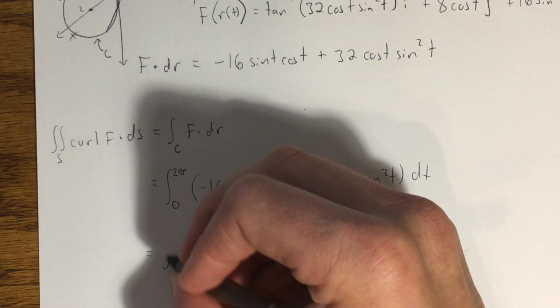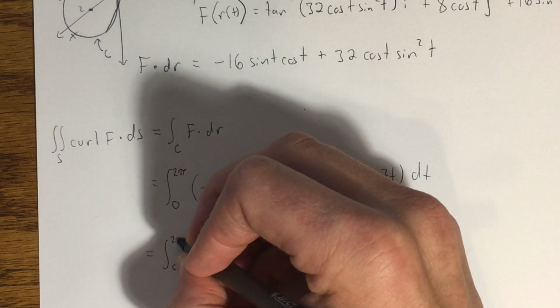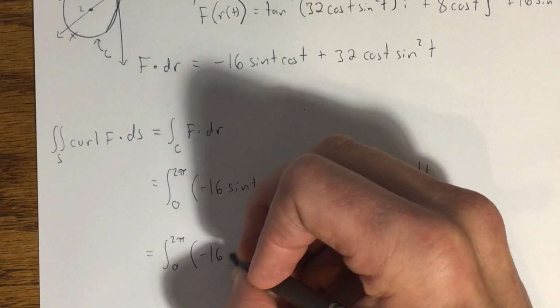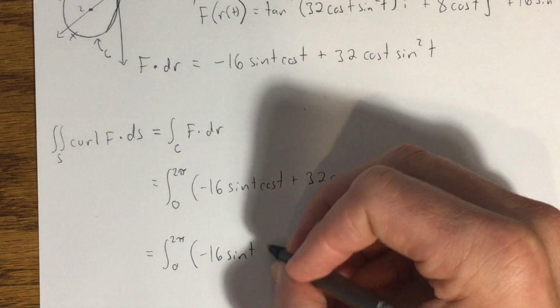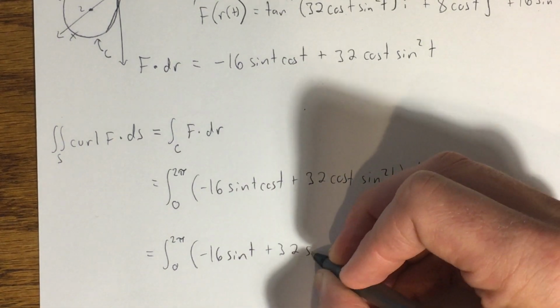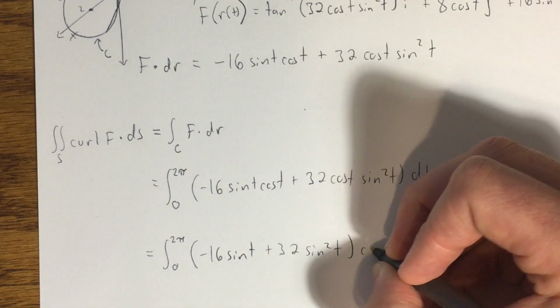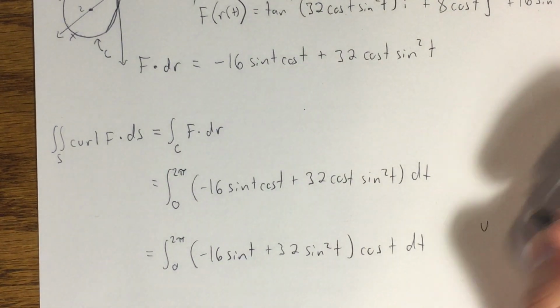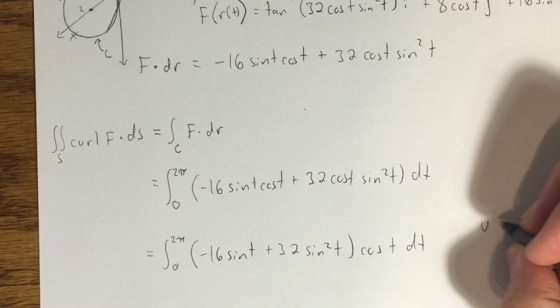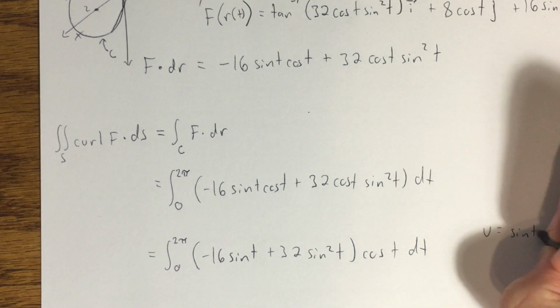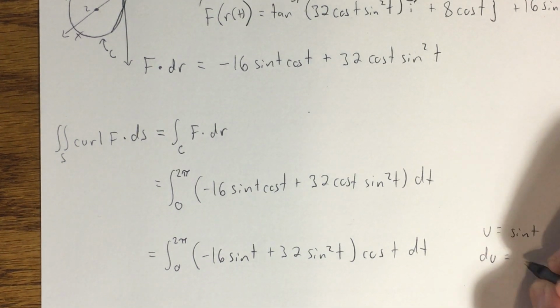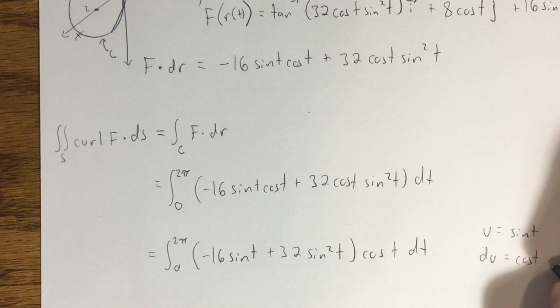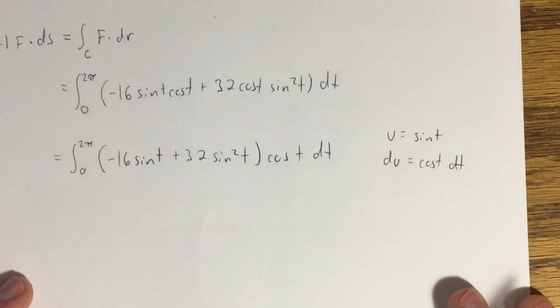Factor the cosine out. So this looks like the integral from 0 to 2 pi of -16 sine of t plus 32 sine squared of t cosine of t dt. Notice there's a natural u substitution to make here. If I were to choose u equals sine of t, then du is equal to cosine of t dt.